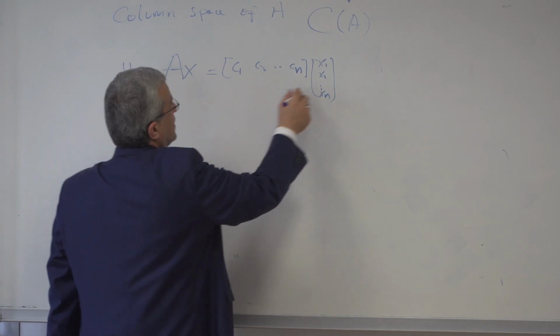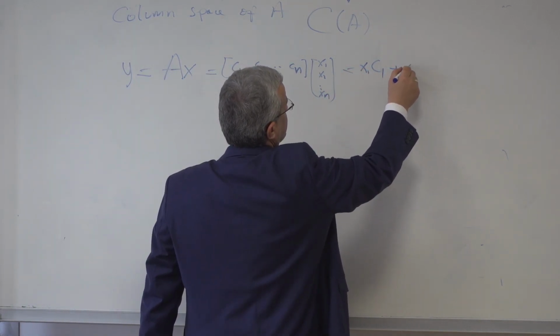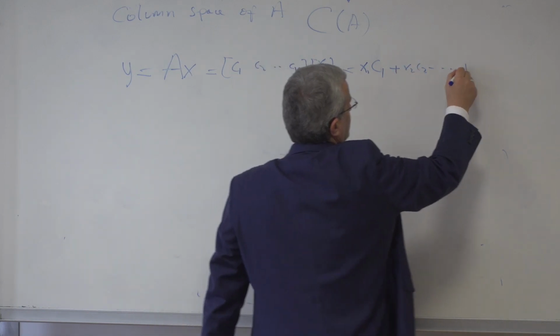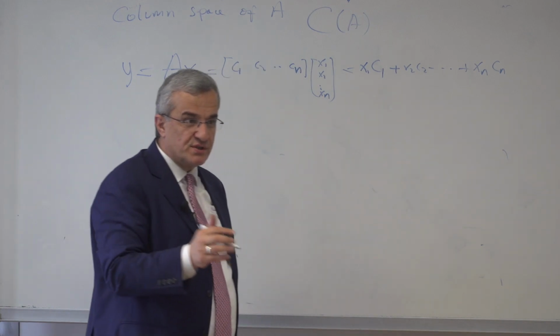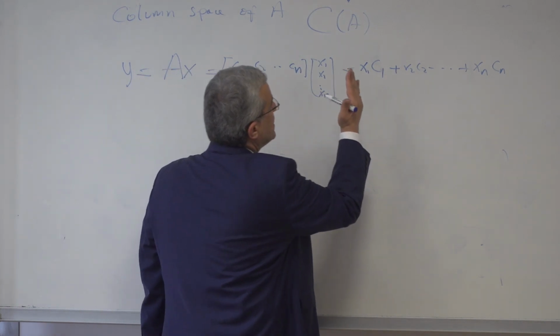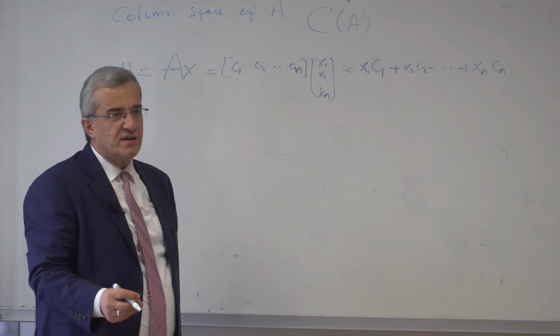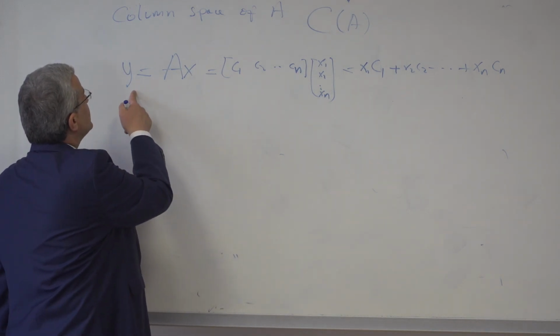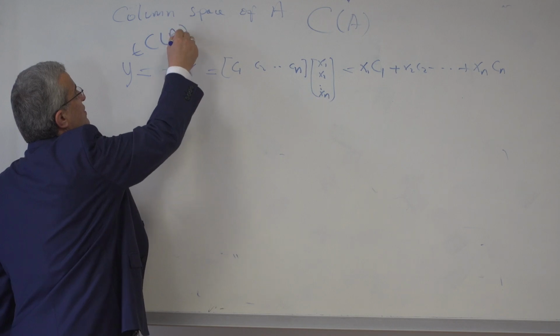You are taking x1 c1 plus x2 c2 and so on. I wrote this 100 times, I will write it 100 more times because it is very important to look at it this way. You are taking linear combinations of columns of A to get vectors in C(A).